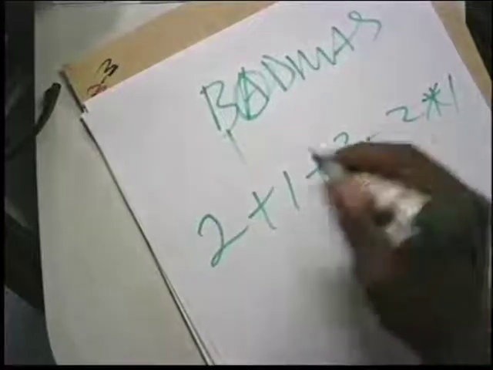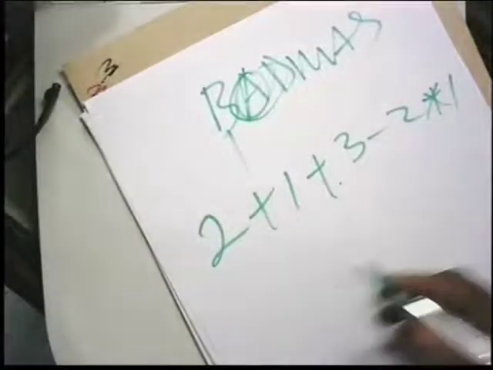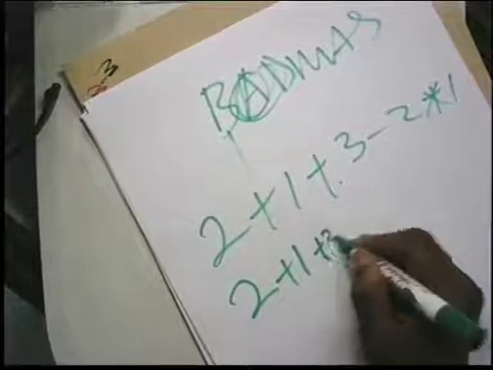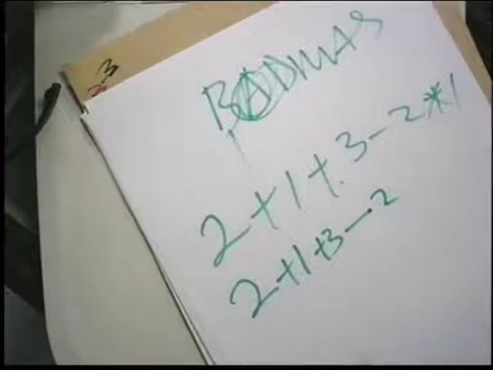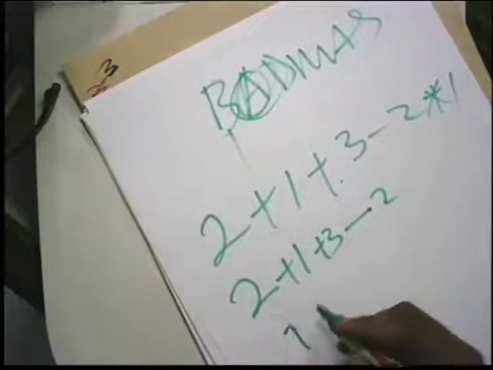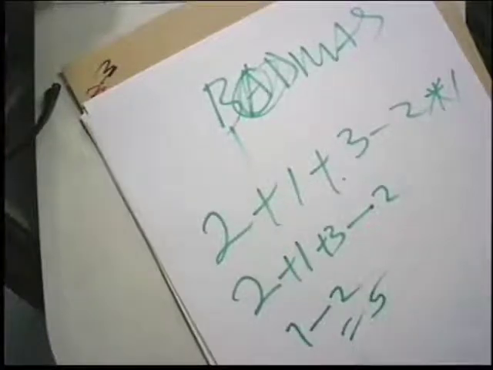So when you are going to use BODMAS to solve this, what does this one stand for? Multiplication. You will now say 2 plus 1 plus 3 minus 2 by 1, 2. Followed by what? Division. There's no division here. Followed by multiplication. No. Then we start with addition. That will be 2 plus 1 plus 3. That is 7. Then subtraction, minus 2. Then you get 5.